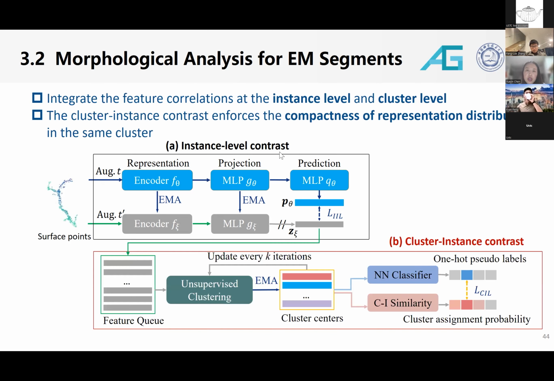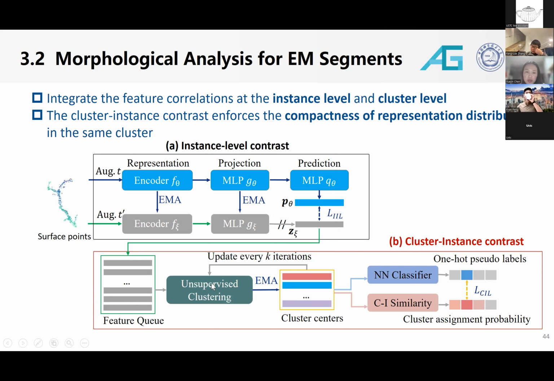But actually, the instance level contrast has difficulties to represent fine scale differences of the 3D shape. So we design a cluster instance contrast model to enforce the representation learning to make the distribution more compact for the same cluster.